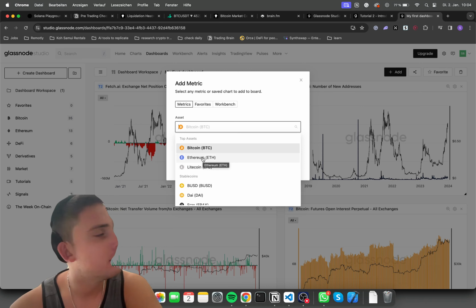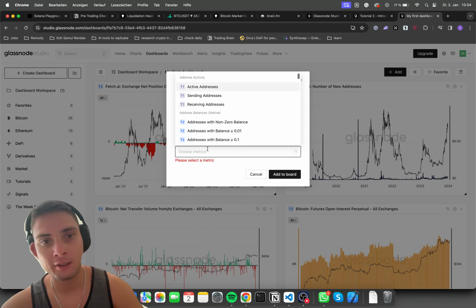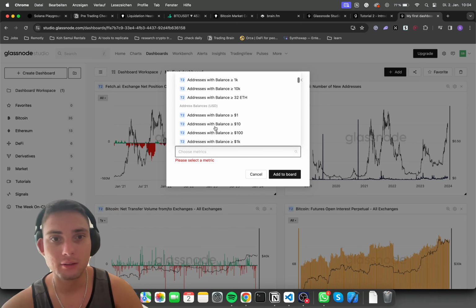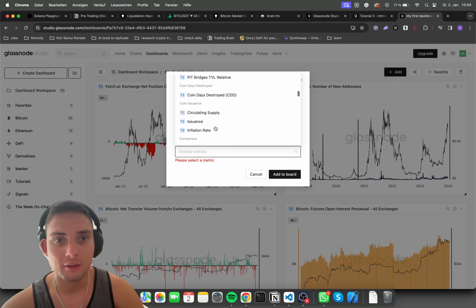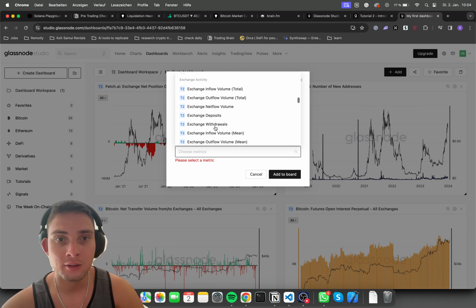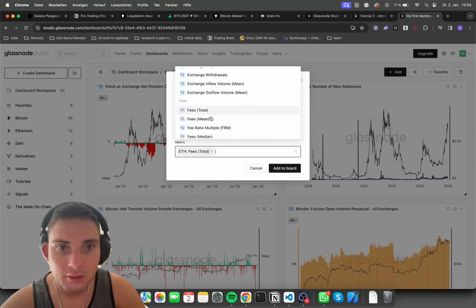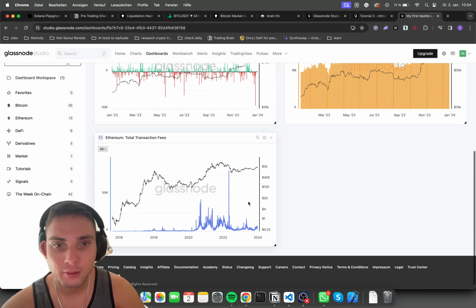Ethereum, I might be interested in the fees, but not for trading, just like how the network is doing. Because I think they have a proposal to bring fees down, which might come in the next months.